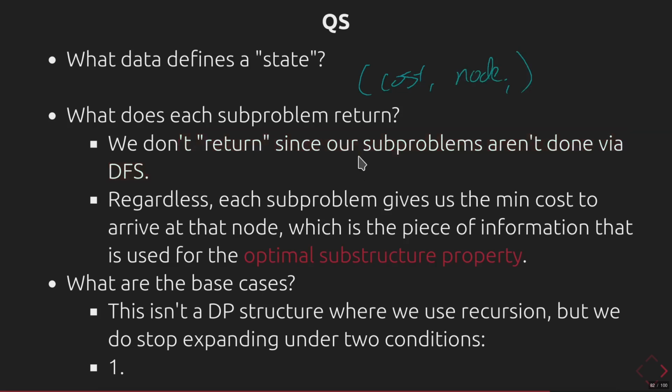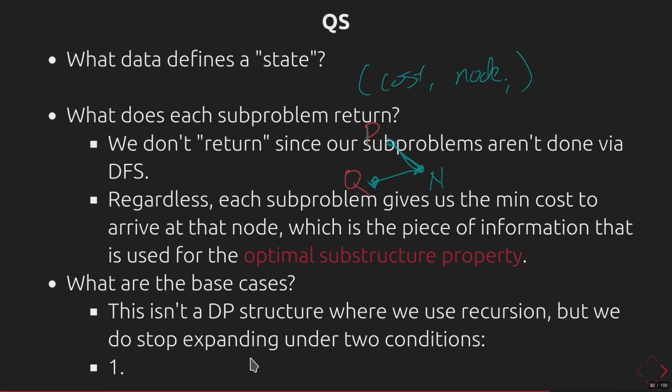Well, it's not really correct to call it returning since our subproblems aren't done by DFS. But regardless, each subproblem also has the optimal substructure property, right? If I'm arriving at some node n, the min cost has to come from the min cost it took to arrive at the neighbors of n. This would be something like P or Q, right?